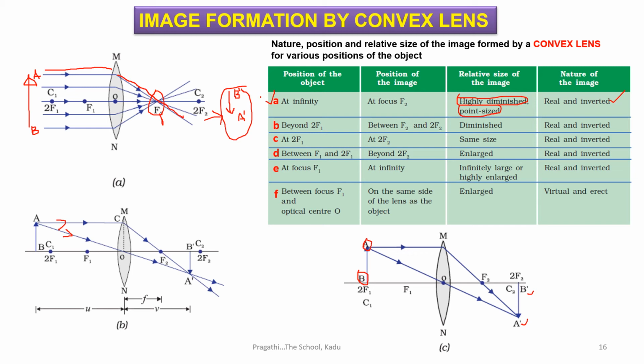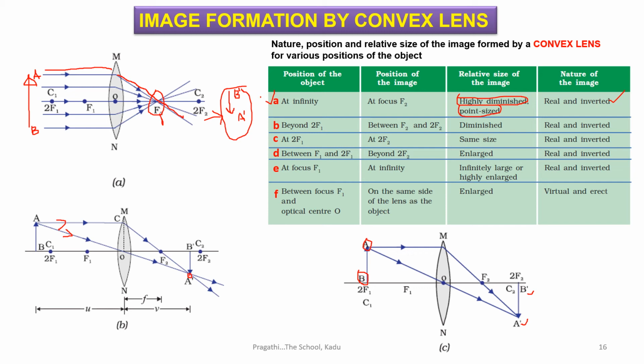So incident ray 1 is coming and passing through the focal point, and the second is passing through the optical center. It goes straight, and both the lines cut here.